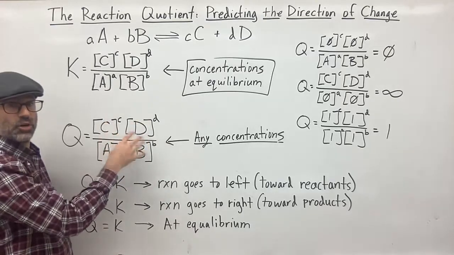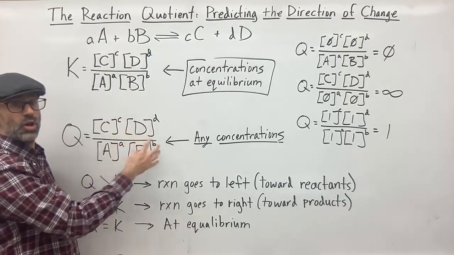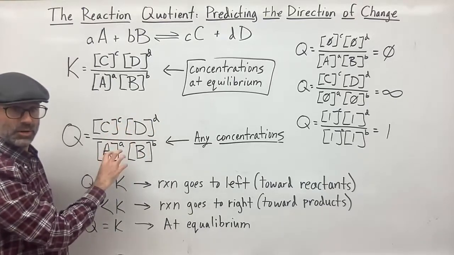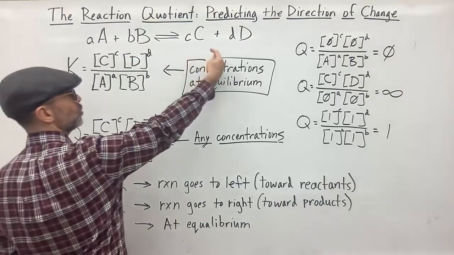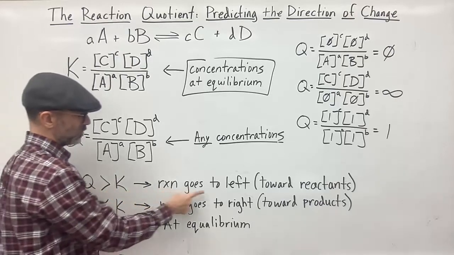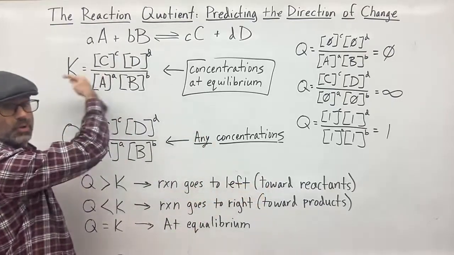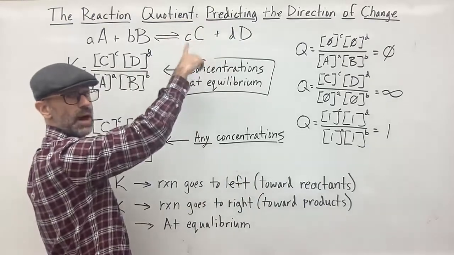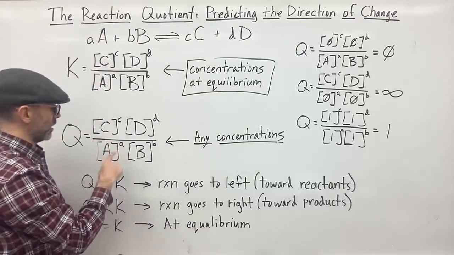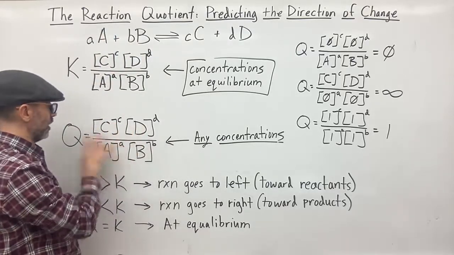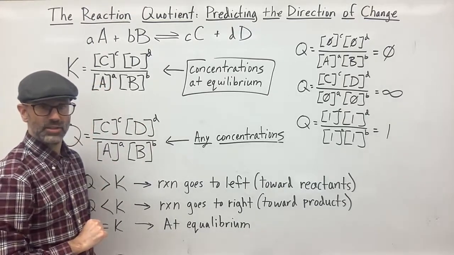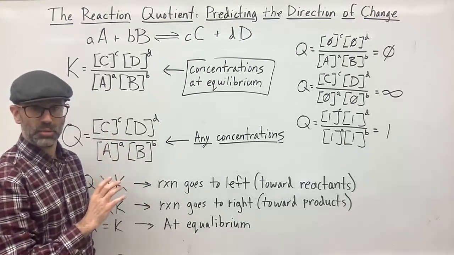So your reaction is going to go in the direction that reduces the amount of product and increases the amount of reactant. It's going to go towards the left. So if Q is larger than K, the reaction goes to the left, reducing the product in order to get more reactant. That makes Q smaller in order to get to the equilibrium constant. Once that happens, you're at equilibrium.